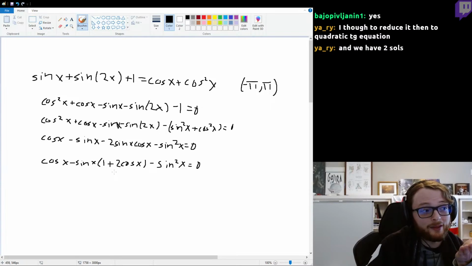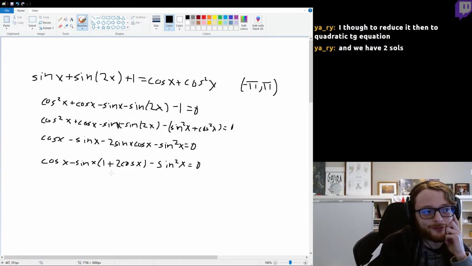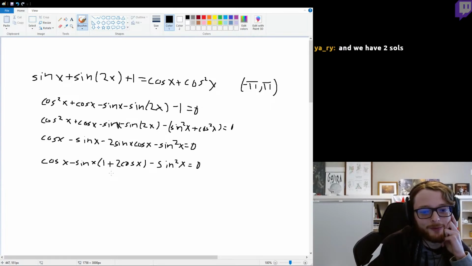Yeah, it probably is that idea. We just have to get there, which isn't easy. But if we have 2 solutions, it's going to be quadratic at some point. We just need to get it in that form somehow. Yeah, I don't think 1 plus 2 cosine x is anything.